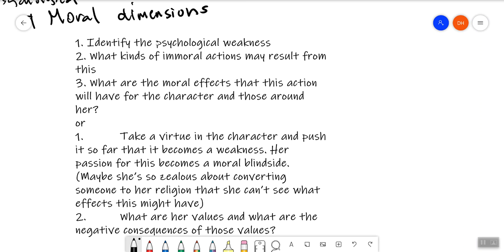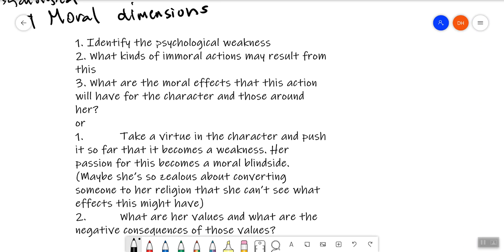So if Jan had an abusive relationship with her father, what kind of immoral actions may result from that? So she uses people based on that, right? Now, using people in that way, simply as a means rather than as an end, is what I would call immoral. We're not supposed to use one another. That's not how people operate.